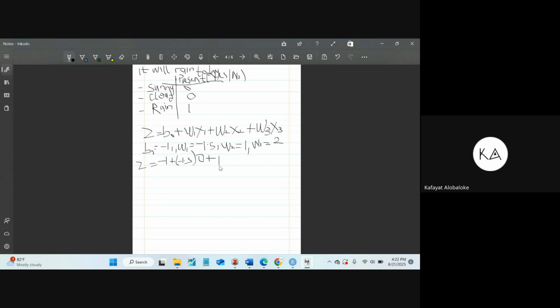W2 is 1, and X2 is 0 as well. Plus what's W3? 2. And X3 is 1. Can somebody use the calculator and tell us what we have as Z?